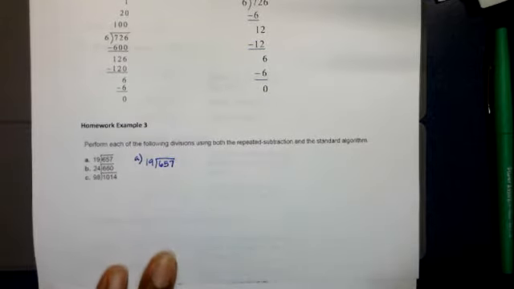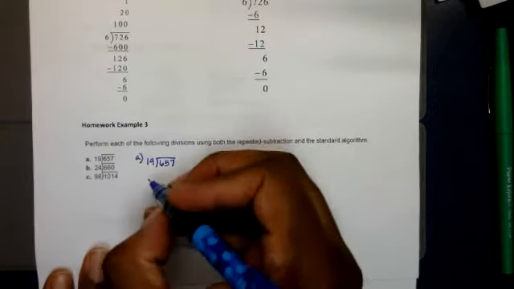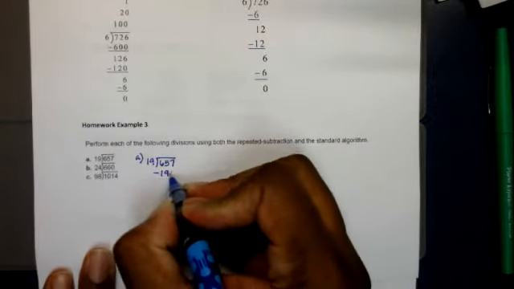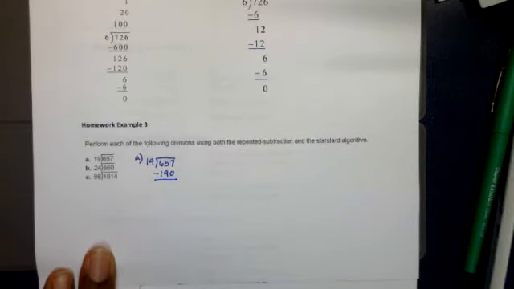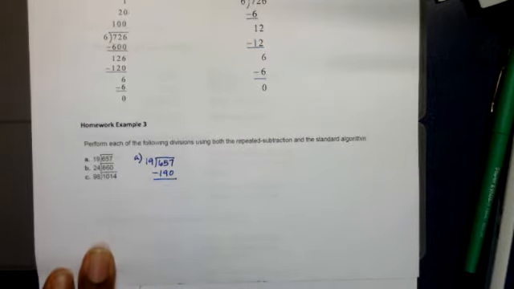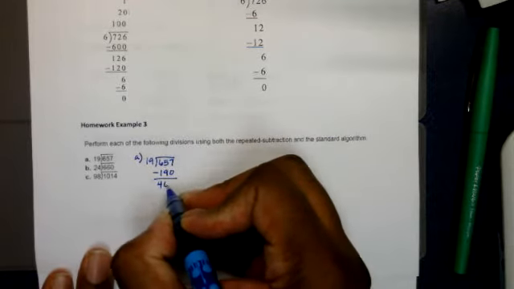Let's see here. I'm going to subtract multiples of 19. And I know this, if I do 19 times 10, that will be 190. So I'm going to subtract 190, if I can, from the 657. I'll have 467 left over.